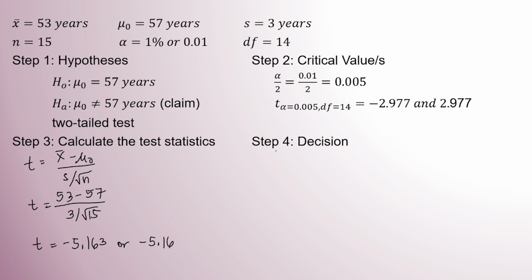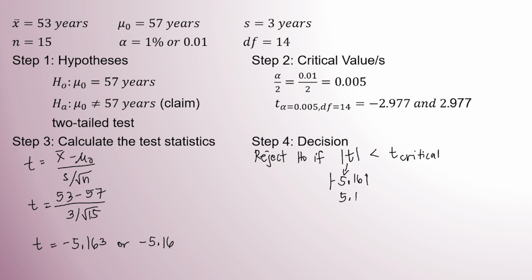So, step 4 tayo. We will reject HO if, since two-tailed yung test natin, absolute value ng t na na-compute is greater than the t critical. So, ang t na na-compute natin is negative 5.16. We get its absolute value, so tatanggalin lang natin si negative.